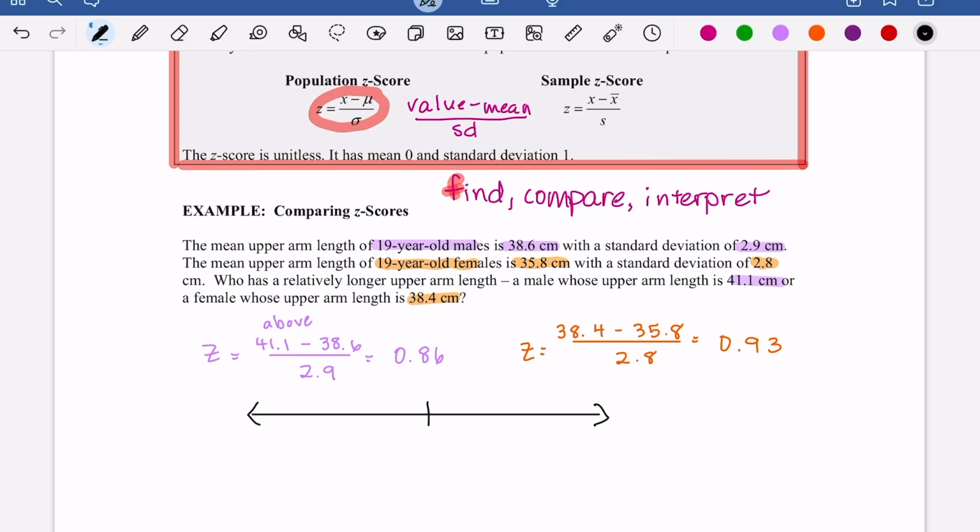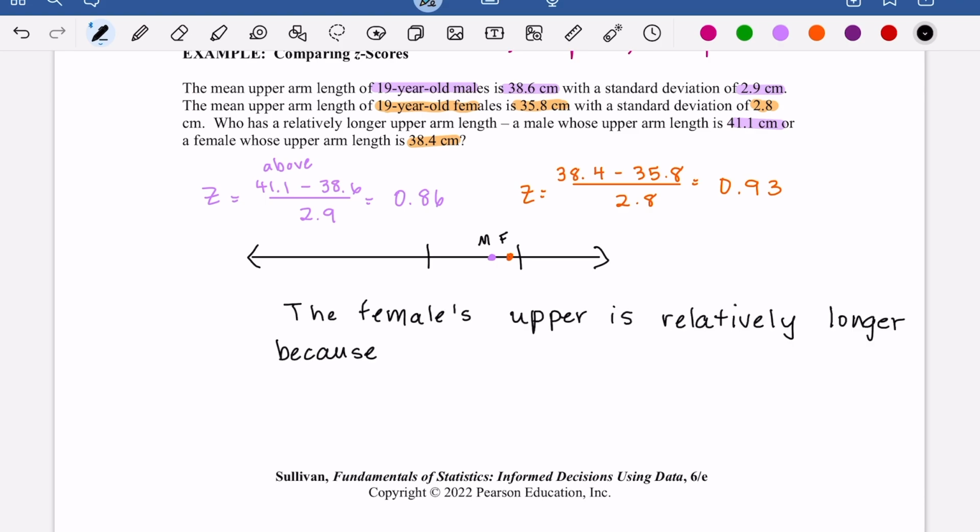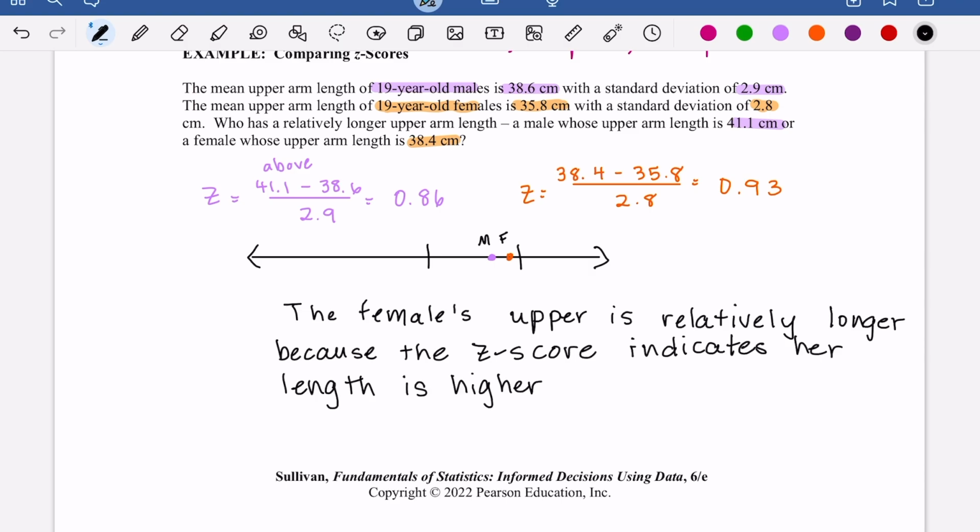Relatively longer means further from the mean. So we have our male about here and our female about here. Clearly, the female's upper arm length is relatively longer compared with her peers, because the z-score indicates her length is higher than the male's.